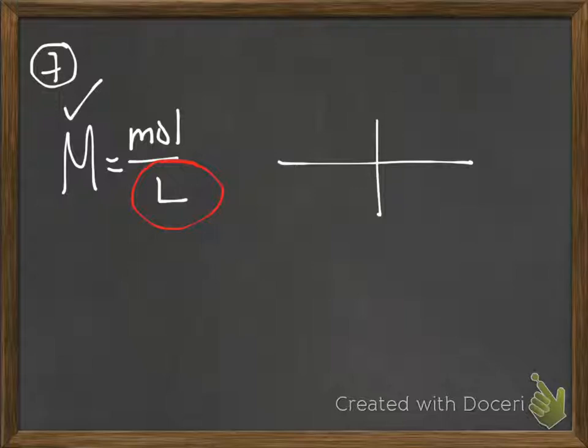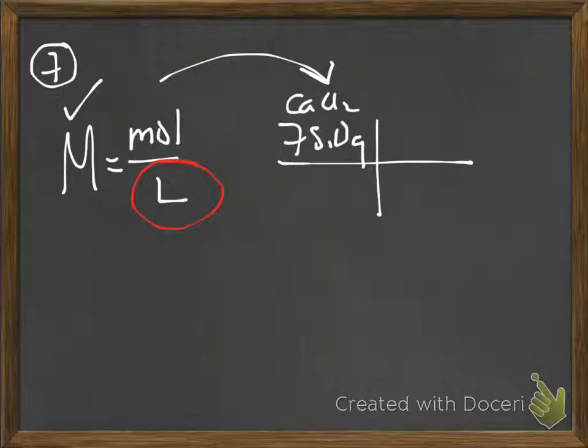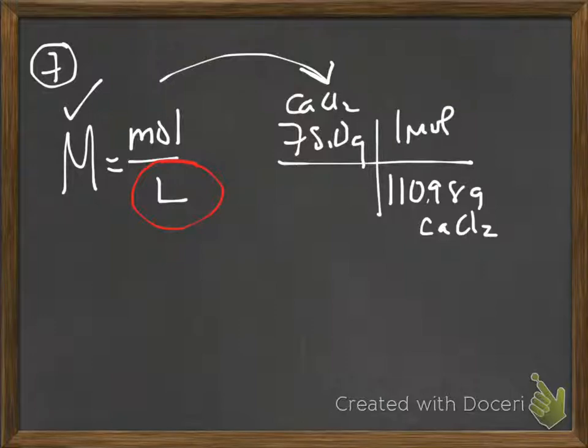Do we have everything we need to solve for volume? No, we need moles, which means to get moles we have to start with our factor label. So we're given 75.0 grams of the calcium chloride, and we know that the molar mass of calcium chloride is 110.98 grams per mole.